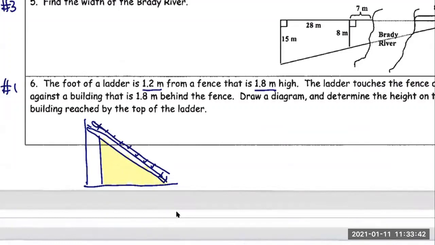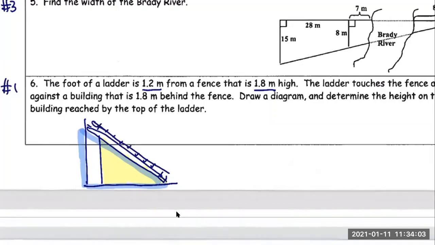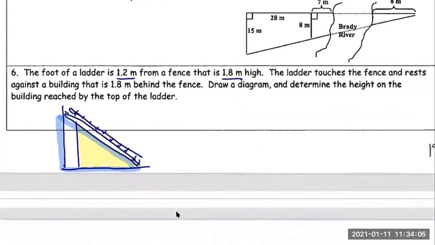Here I have the smaller nested triangles with that shared angle on the bottom. We have a yellow triangle, and then I'm going to trace in blue, my blue highlighter, the bigger triangle. So you have a yellow triangle nested within a blue triangle. Those are the two triangles that are similar to each other, and what we want to do is label as best as we can what those measurements represent.